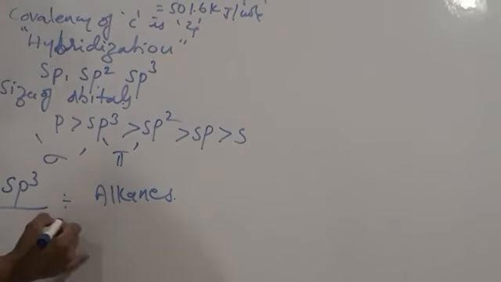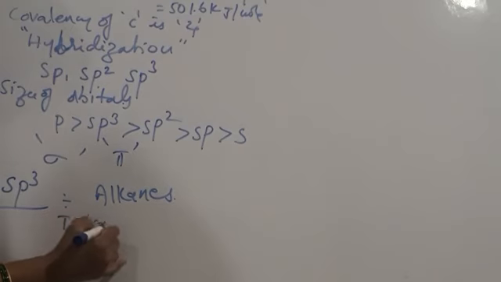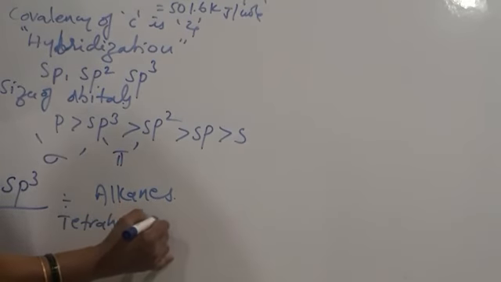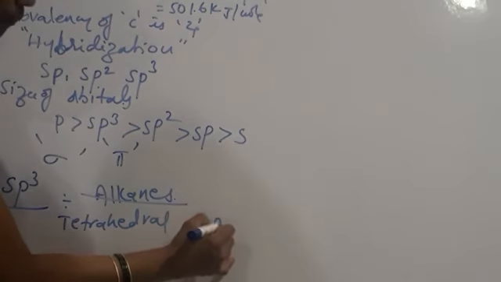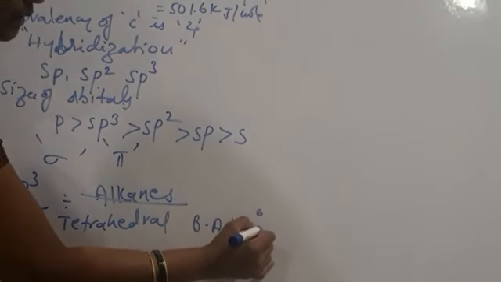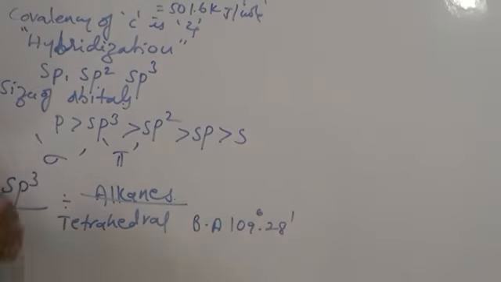And the shape of the molecules is tetrahedral. All alkanes have a tetrahedral shape with bond angle 109 degrees 28 minutes. So that is the bond angle.